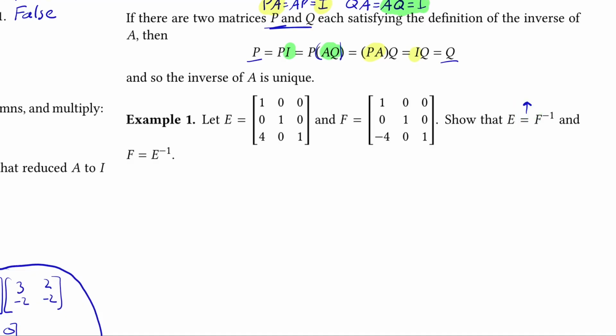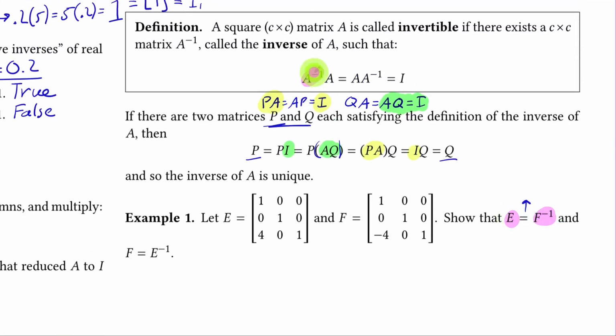So what it means to be the inverse of F is that we should be able to do E times F and get the same thing as F times E, and that should be the identity. So E should be the matrix that you can do this with.